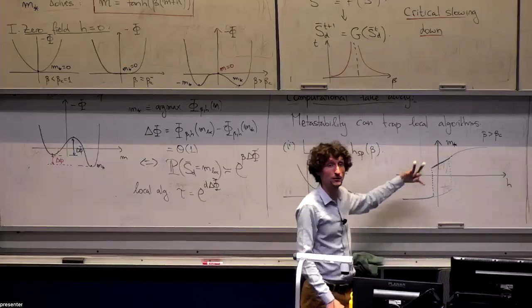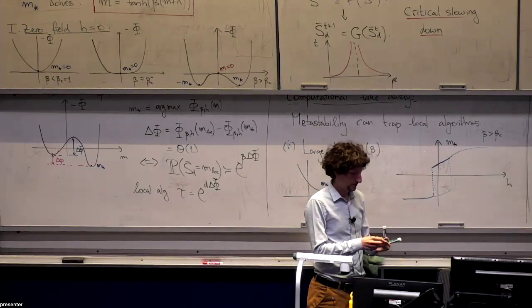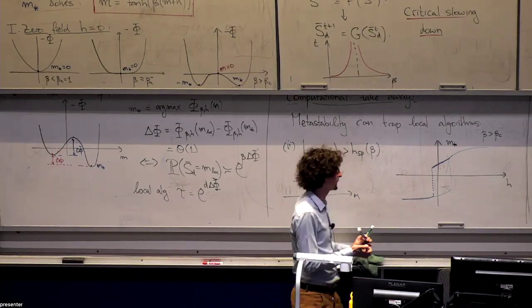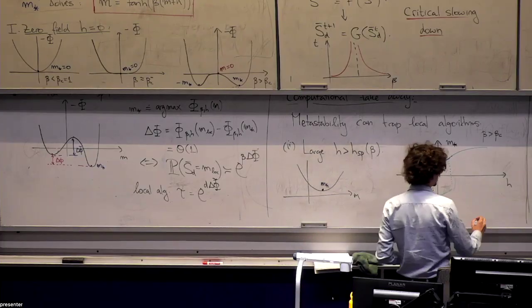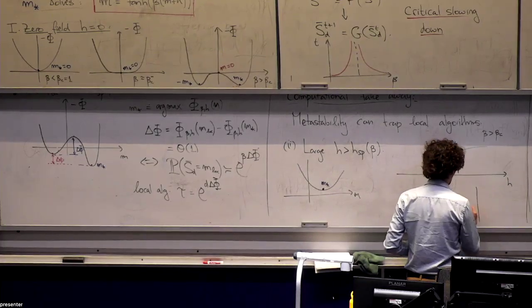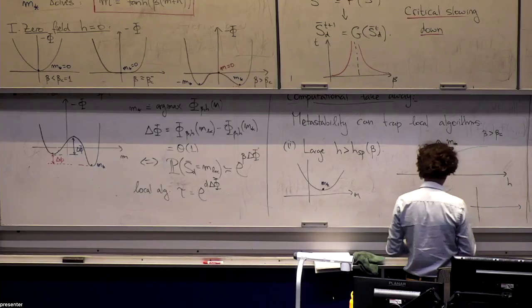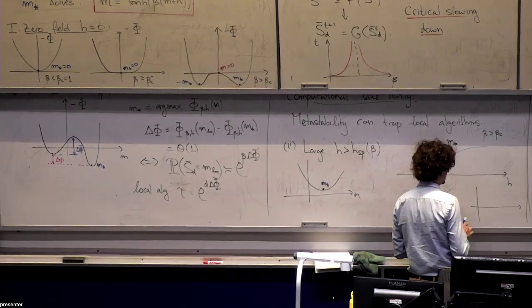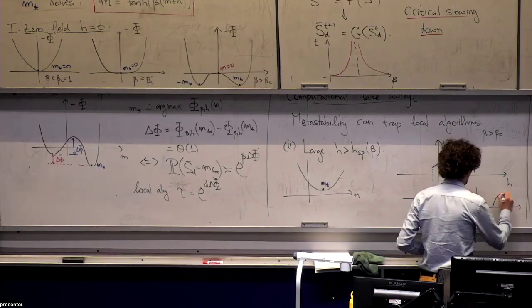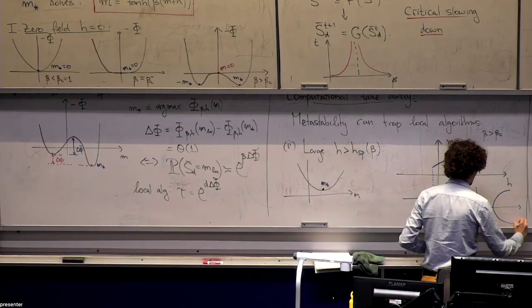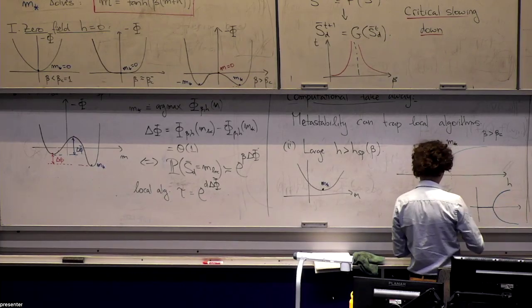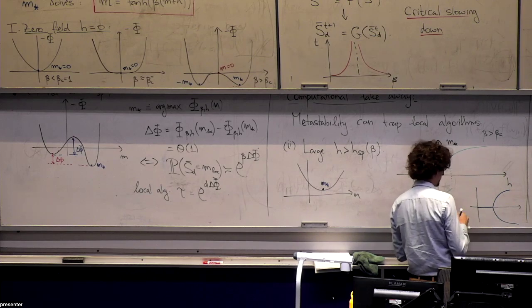Remember, this is very different from what we got in the zero field case, in which the magnetization had a continuous transition. So that was the plot that we had before, remember?